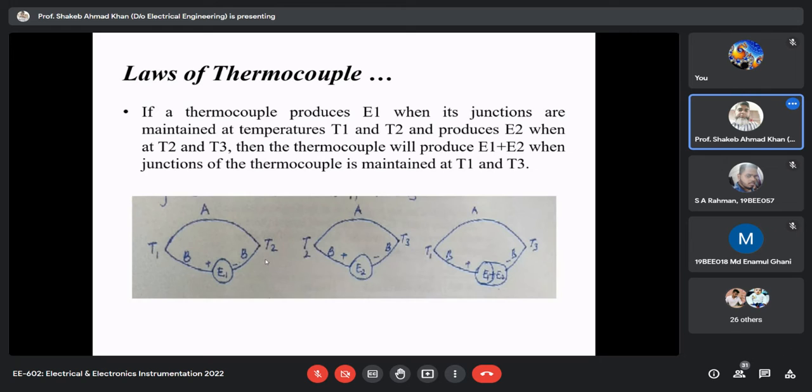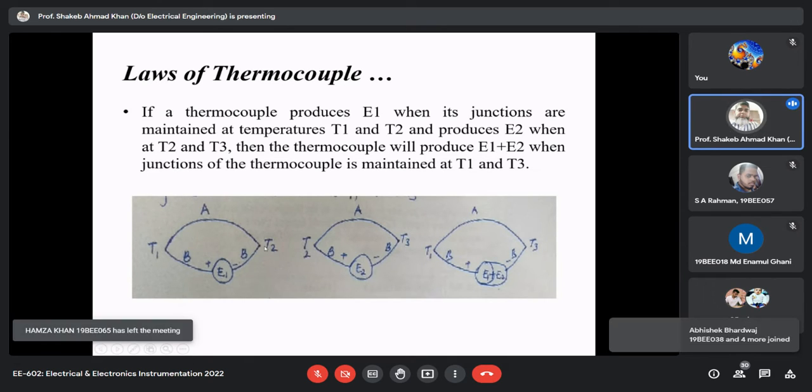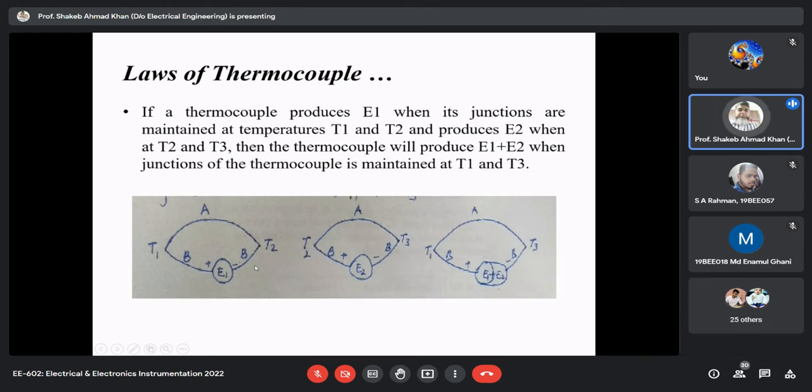And this is a pertinent issue. So we require certain compensation: we are required to add or subtract an additional voltage so that the voltage we get is equal to the voltage the thermocouple would produce when the reference junction is at 0 degrees Celsius for any sensing temperature.